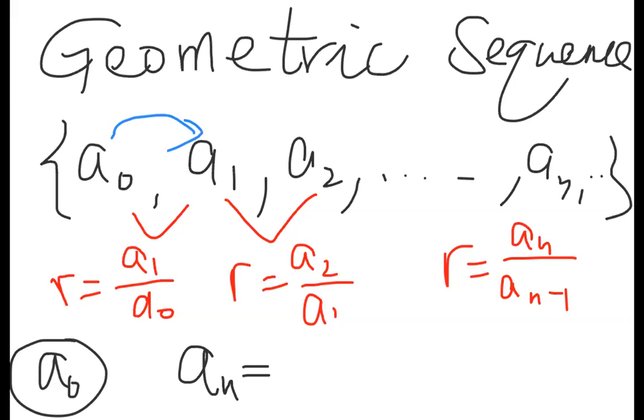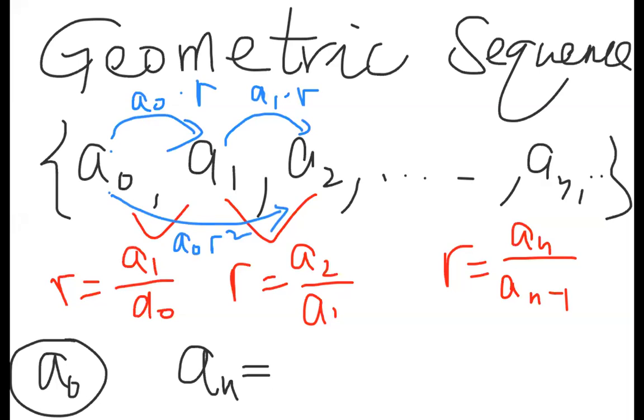From a0 to a1, you apply 1 power of r. From a1 to a2, you also apply 1 power of r. So in general, from a0 to a2, you apply 2 powers of r. So for an, you apply n powers of this common ratio from your starting term a0.